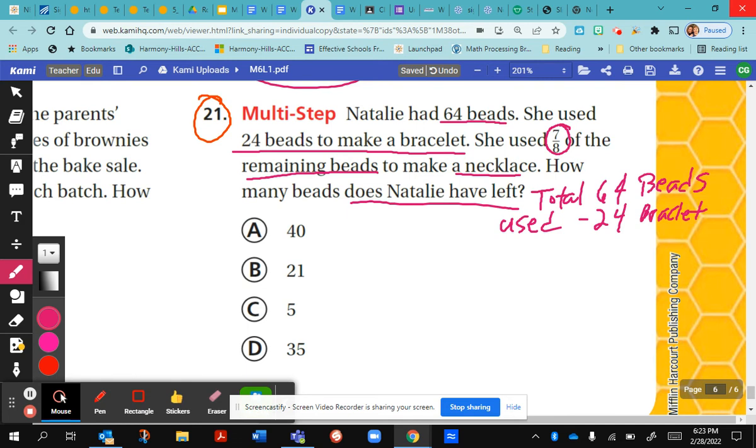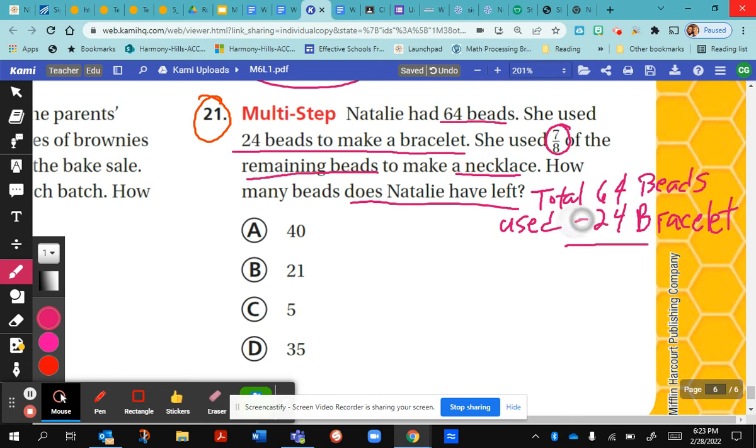I forgot the E right there, I put bracelet. Sorry about that. Let me just fix it because it's bothering me. As soon as I wrote it, it's like, that's not right. There we go, bracelet.